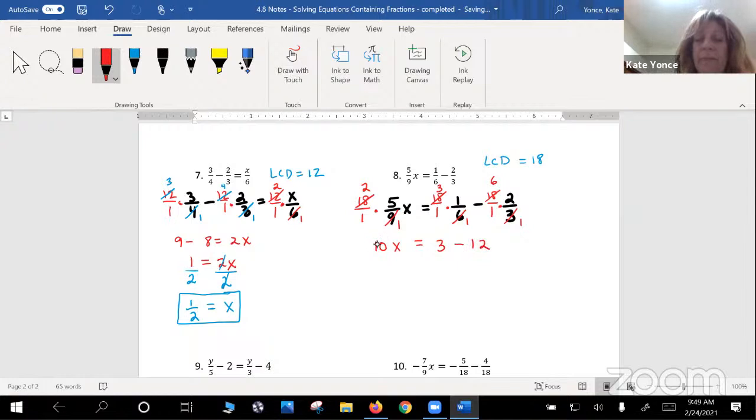Okay. The next step would be you would do what's on the right side first, right? So 3 minus 12, which would be negative 9. And then you would divide by 10.